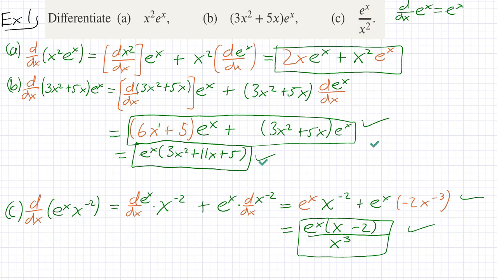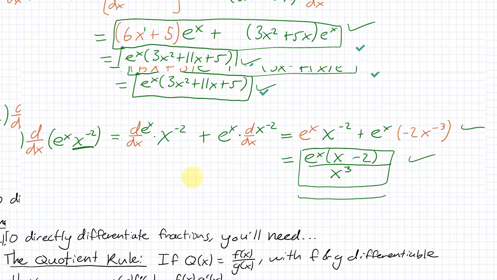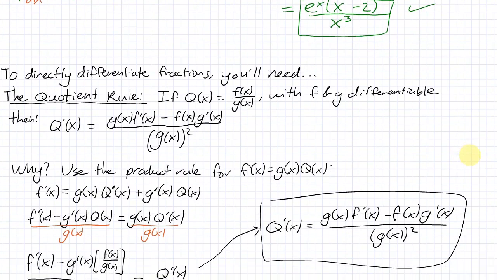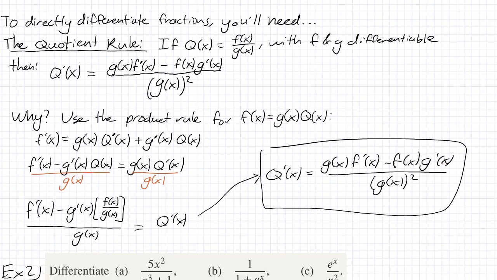But what if that didn't work? Or what if you ended up with something that you weren't able to differentiate by putting it in that format? Then you might need this quotient rule, if using the product rule doesn't work like that last example.